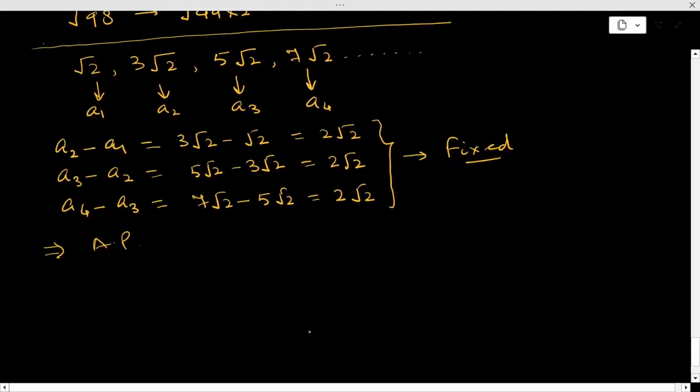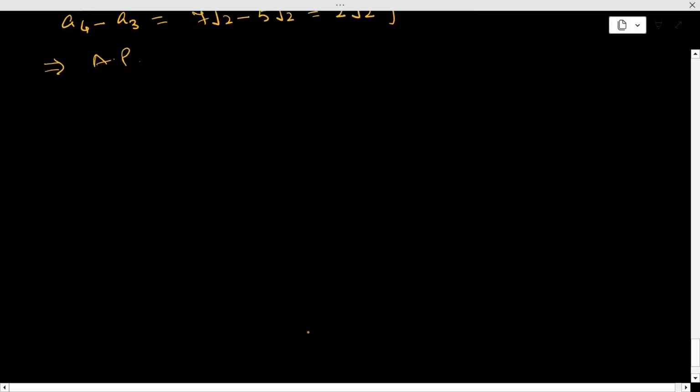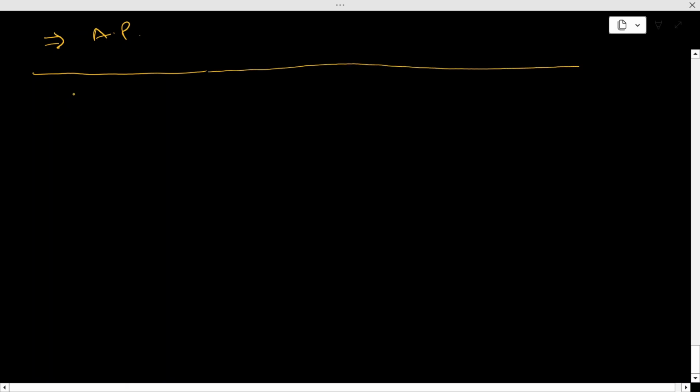Now let us discuss one more example. We are given an arrangement which is 1 upon 5, 1 upon 15, 1 upon 45, 1 upon 135 and so on. Again we have to check whether it is an AP or not.